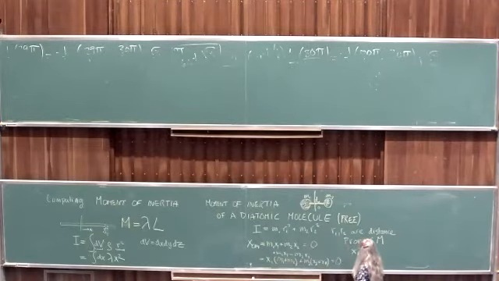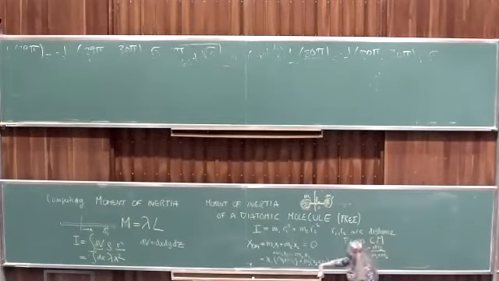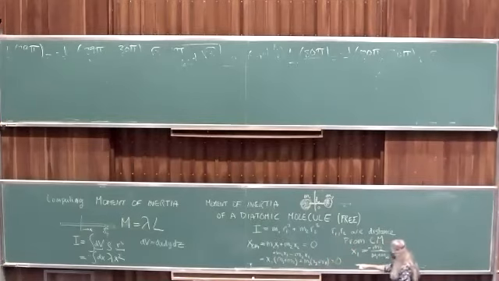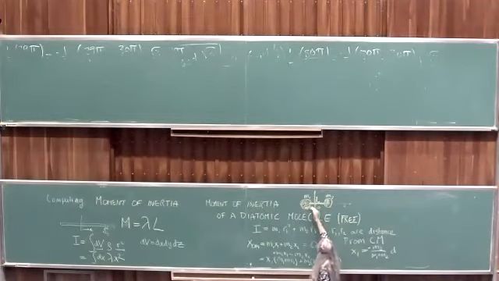So x1 is now m2 over m1 plus m2, with a minus sign because I move it to the other side. And then x2 minus x1 is the distance in between. So this gives me a formula for this distance.